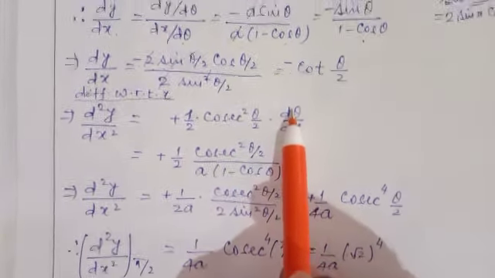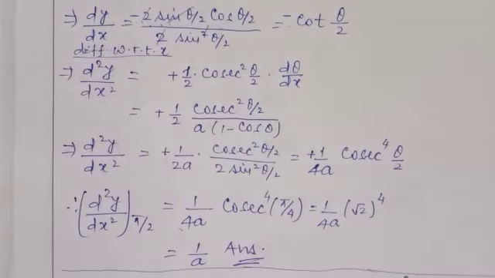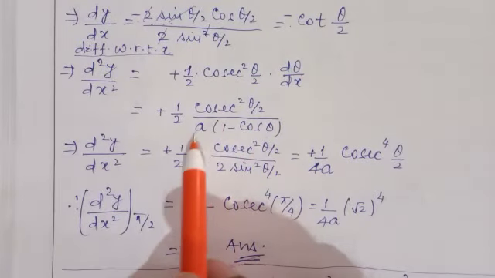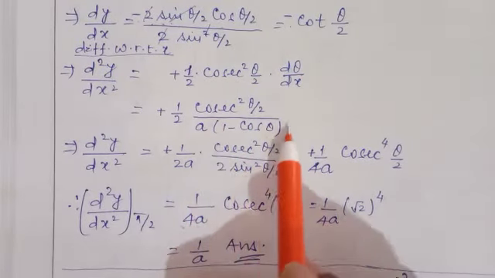D theta by dx: take the reciprocal of dx by d theta, which you have already obtained. So all these terms come to the denominator. So d theta by dx from here will be cosec square theta by 2 upon a into 1 minus cos theta. D2y by dx square further should be written as 1 upon 2a because it is constant.